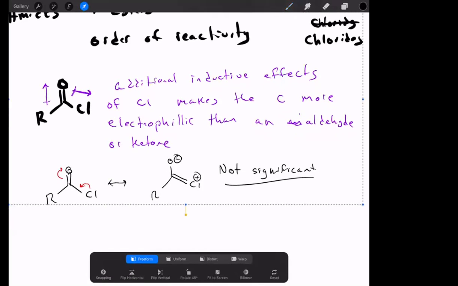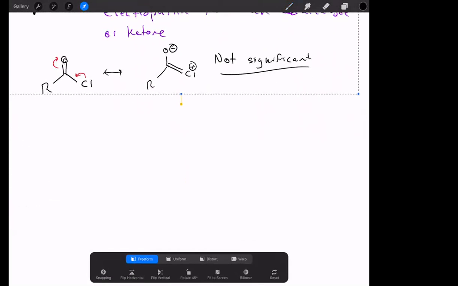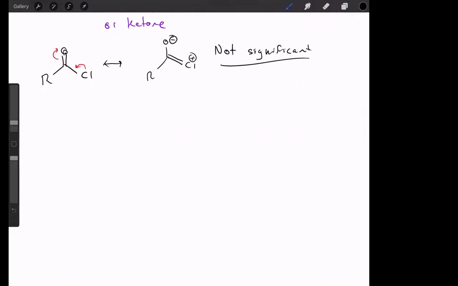If we look at the least reactive of the bunch, the amides, we can look at resonance structures for amides as well. At this point, you should know that this was one of the common resonance structures that we showed in that very first bit of organic chemistry.